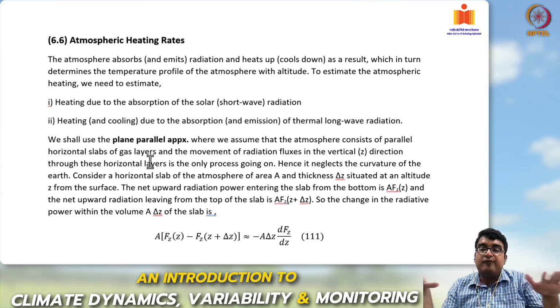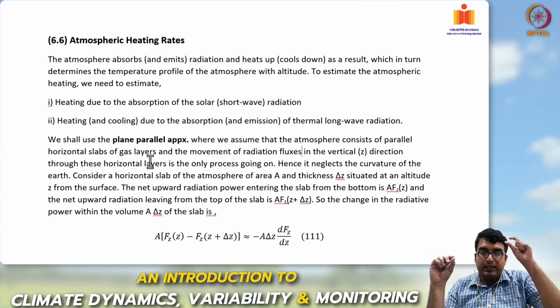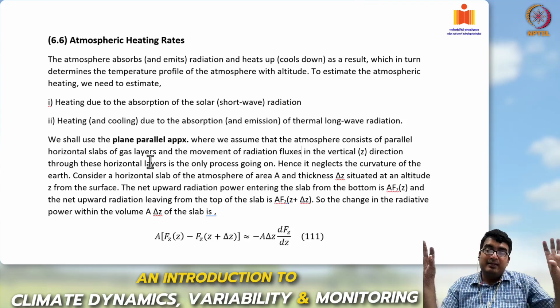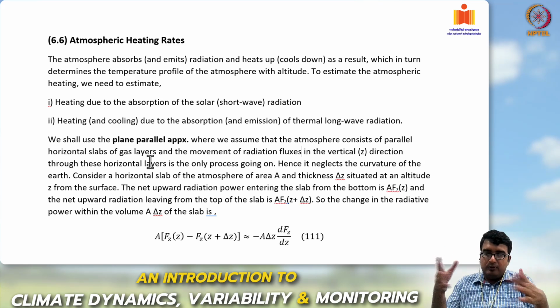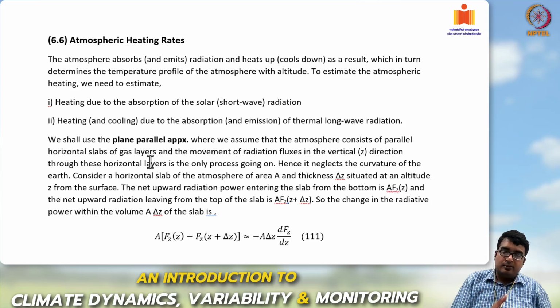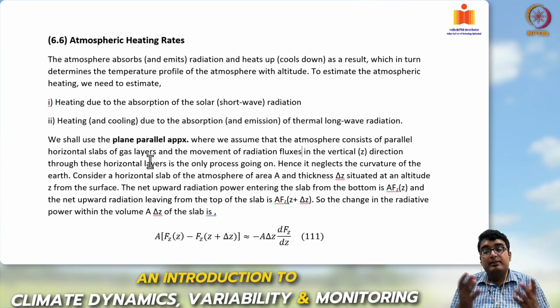The ground is flat and plain. The atmospheric layers are like parallel layers at different temperatures. The curvature of the earth is being neglected. The vertical motion of air, something that we have discussed earlier when we were discussing vertical stability and vertical instability, that is being neglected.